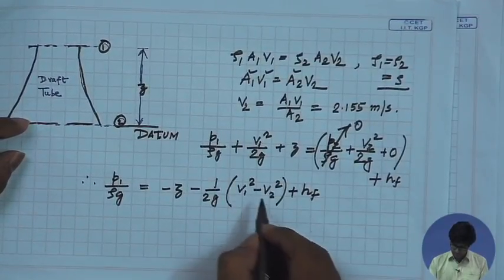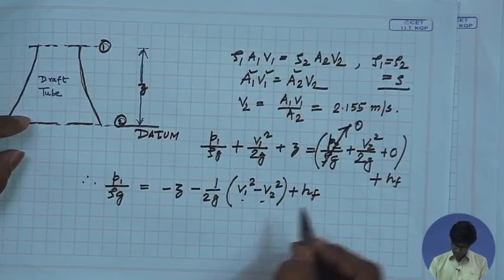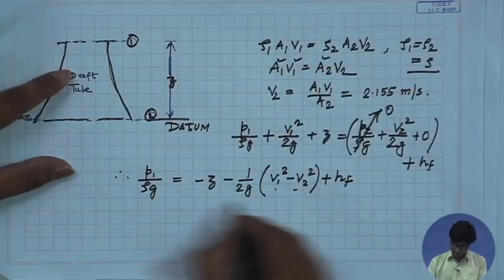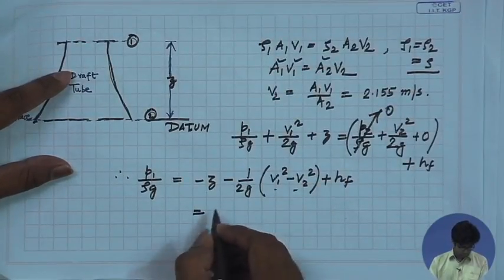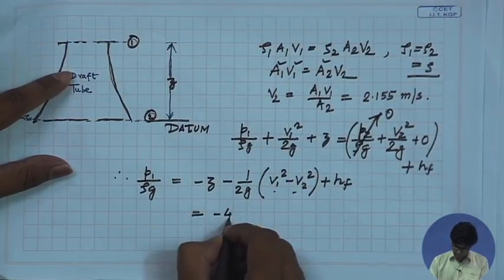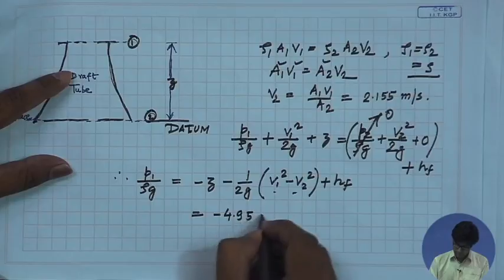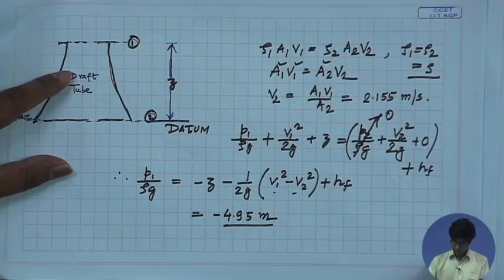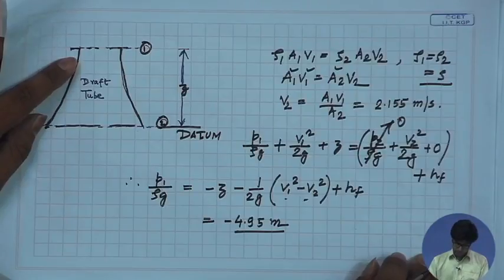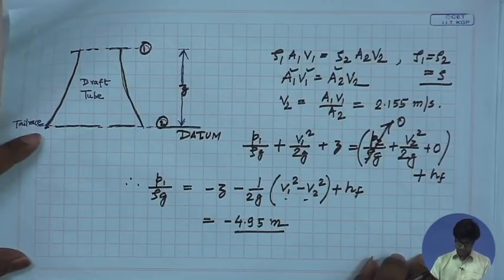We know the values of both V1 and V2, and we have found the value of Hf as 0.51 meters. Substituting all the values, we ultimately get the negative pressure head as minus 4.95 meters. So, there is a suction pressure at the inlet, and the suction pressure head at the inlet of the draft tube is 4.95 meters.